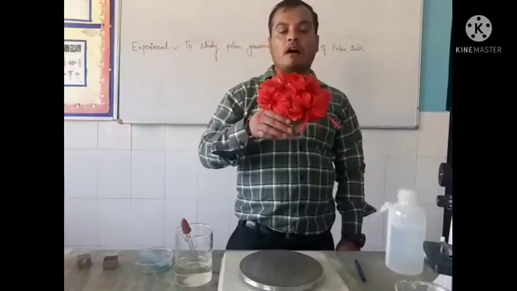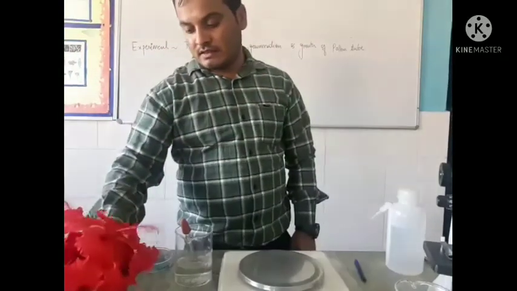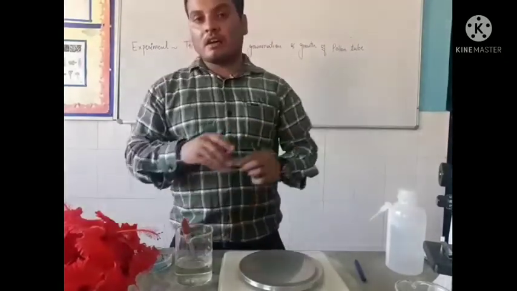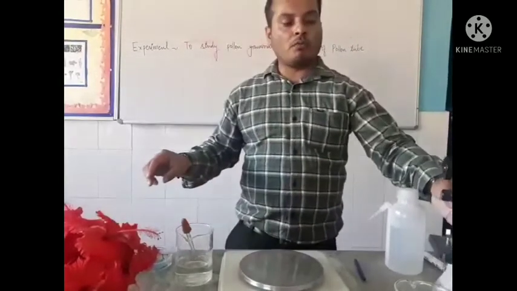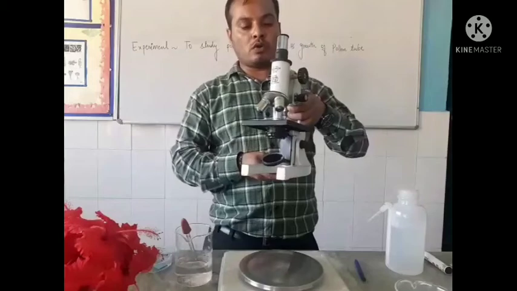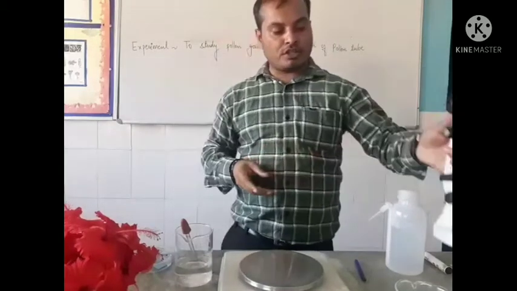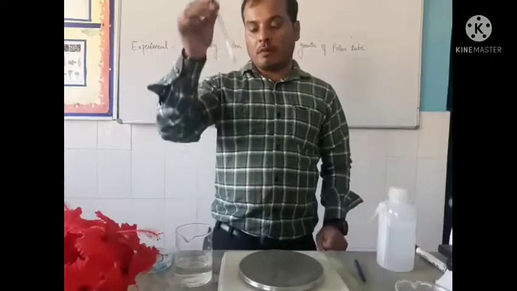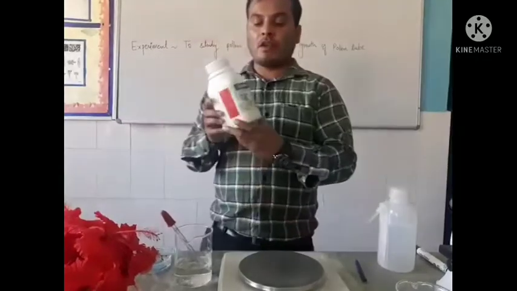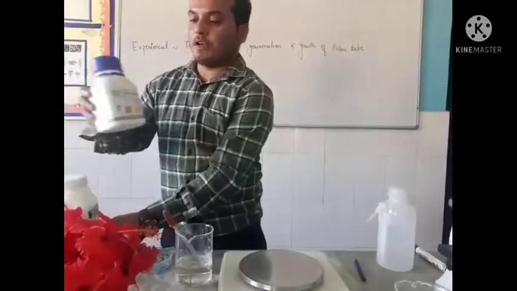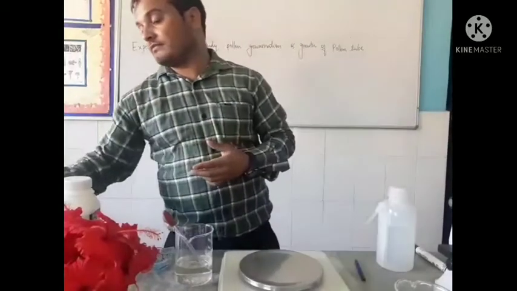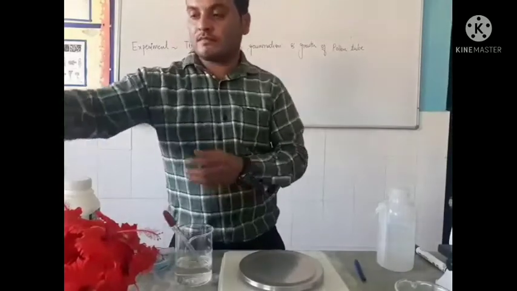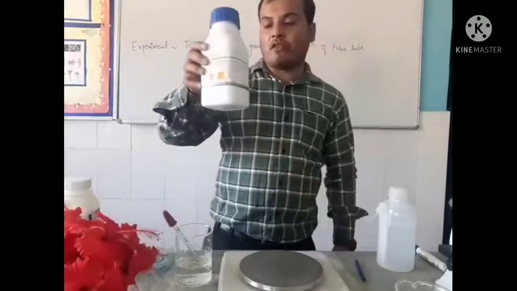fresh and mature leaf of Hibiscus rosa sinensis, clean glass slides, cover slips, compound microscope for observing the growth of pollen tube and pollen germination, distilled water, dropper, boric acid, potassium nitrate, sucrose and magnesium sulfate.